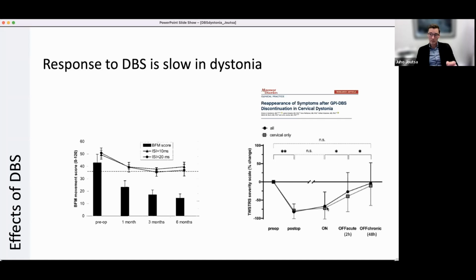When you switch off the stimulation, the symptoms come back almost immediately, but only to a small extent. And when the stimulation was kept off for altogether 2 days, the patients returned to their preoperative symptom severity. And when the stimulation was switched on again, they reached their normal good on-treatment state within 3 days.